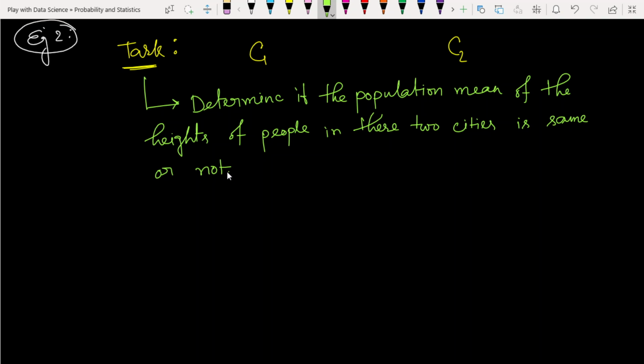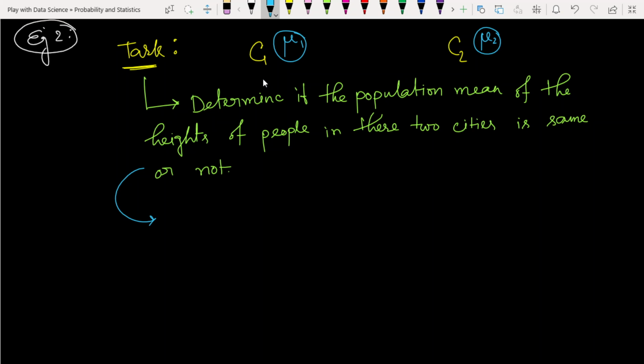That is the job we are interested in. If we write this down, suppose the mean height of the people in city 1 is mu1 and in city 2 is mu2.